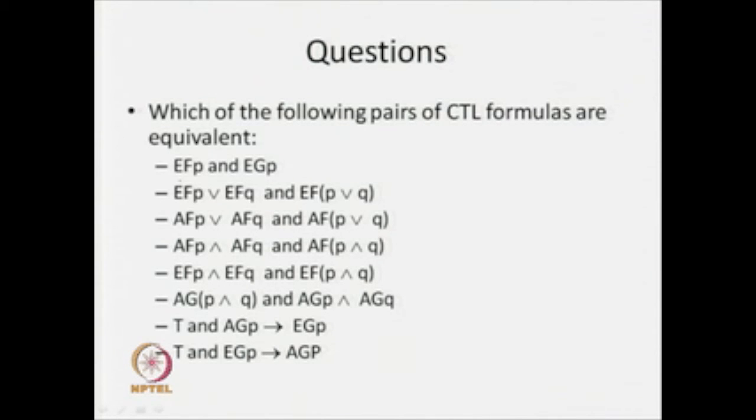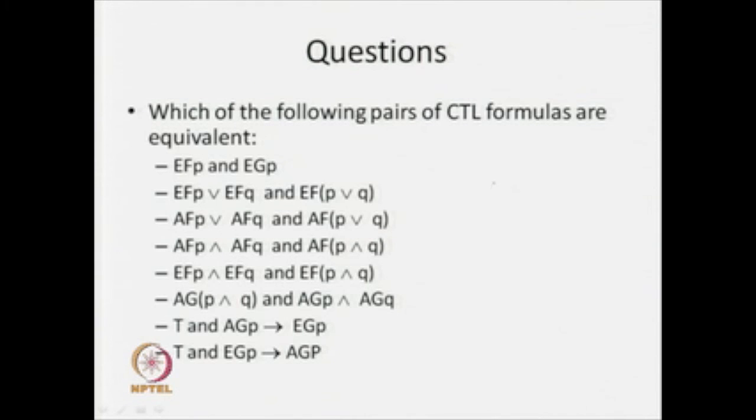The first is EFP and EGP. The second is EFP or EFQ, and EF of P or Q. The third is EFP or AFQ, and AF of P or Q. Like that, I am going to check whether those pairs are equivalent or not.